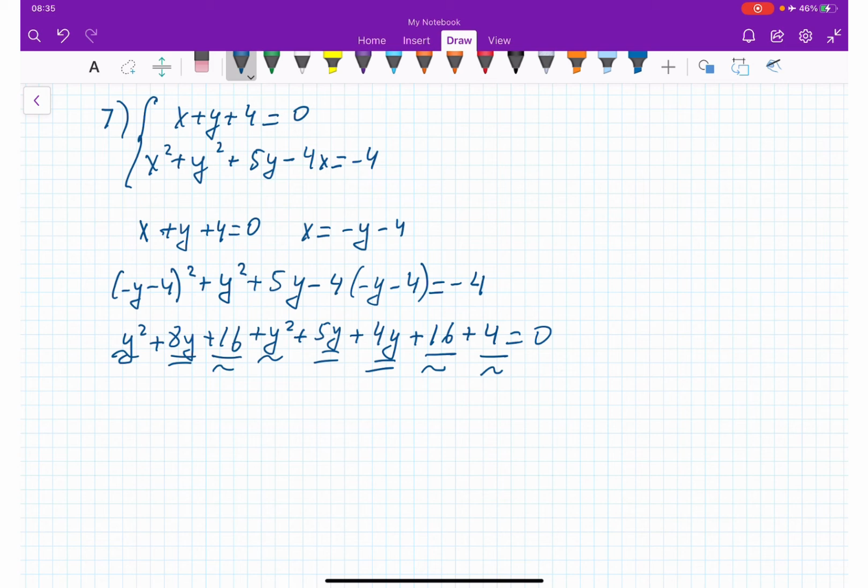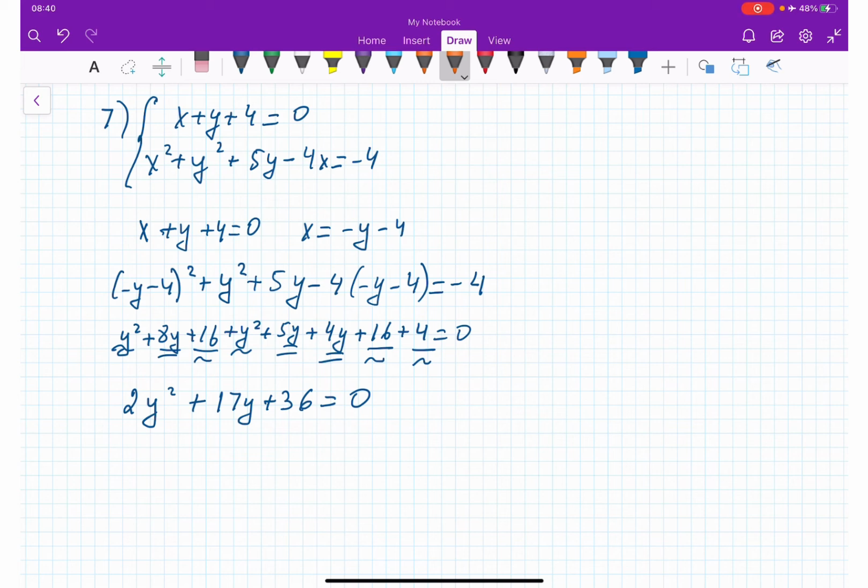So 2y squared and then plus 8y, 5y, 13y, plus 4, 17y. 17y is equal to 16 plus 16, 32. 32 plus 4, 36. Equal 0.